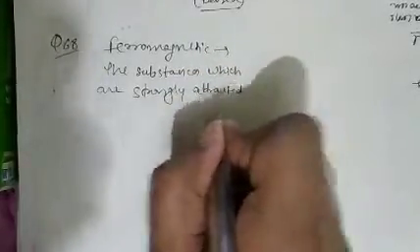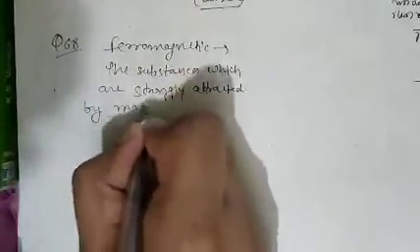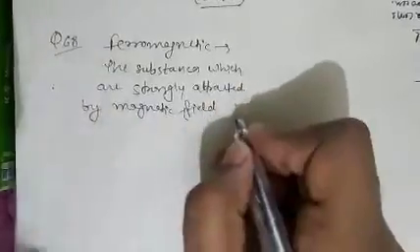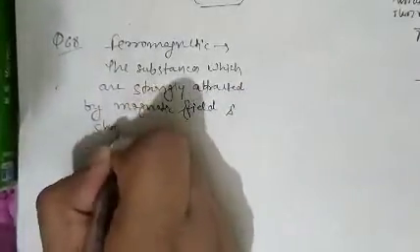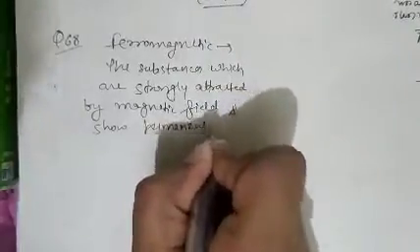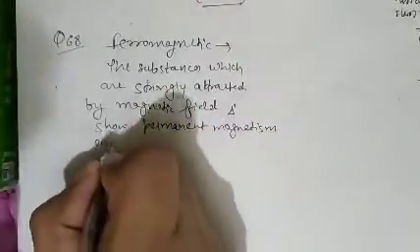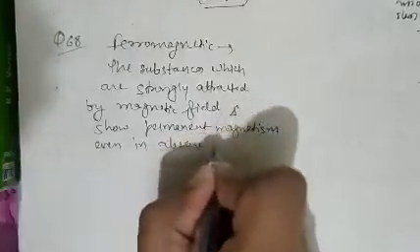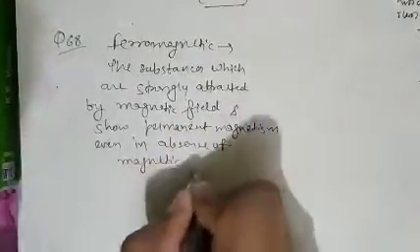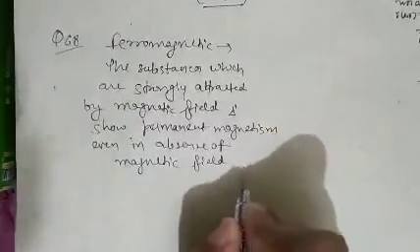Ferromagnetic. As we know, the substances which are strongly attracted by a magnetic field, and show permanent magnetism even in absence of magnetic field, are ferromagnetic.